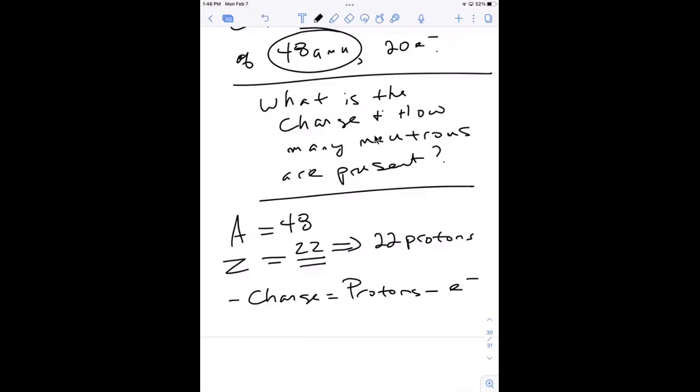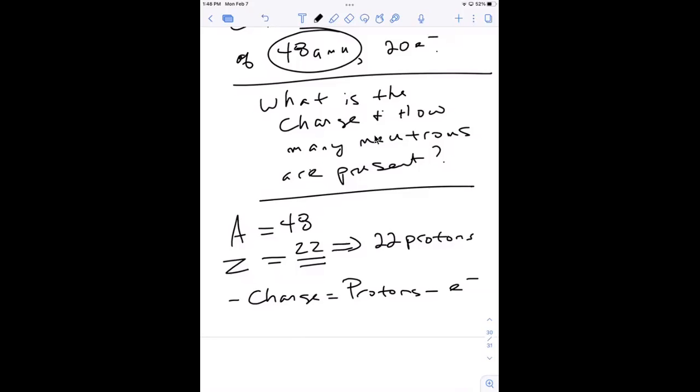Yes, because they even out. If an atom is neutral, it should have the exact same number of protons and electrons. If it's an ion, it's going to have the same number of protons, but the number of electrons is going to change.